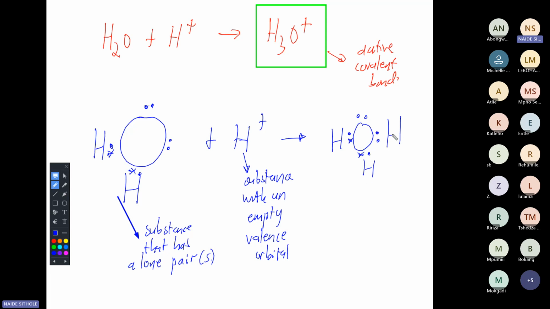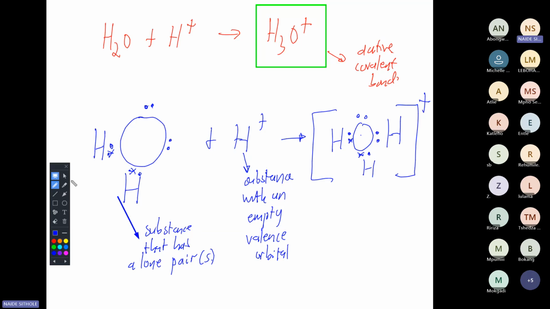But this one is a different case with this hydrogen. All the 2 electrons will come from the oxygen, and hydrogen will not have anything to offer. That's a dative covalent bond. And then we yenza kanje. Mabangathi uyi-draw. This is an example of a dative covalent bond, right?